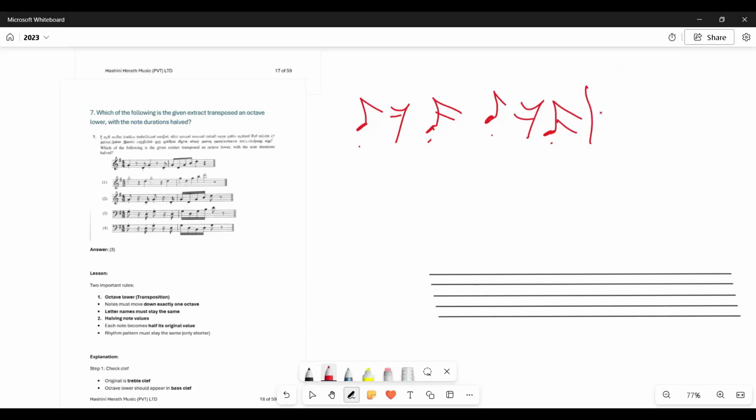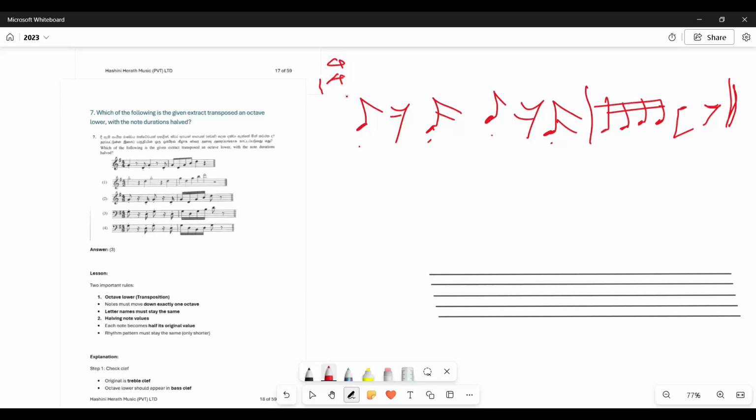Then comes the 4 quavers. You can make them semiquavers like that. This is a quaver, and this one would be a quaver. Sorry. So this is 4/4, right?